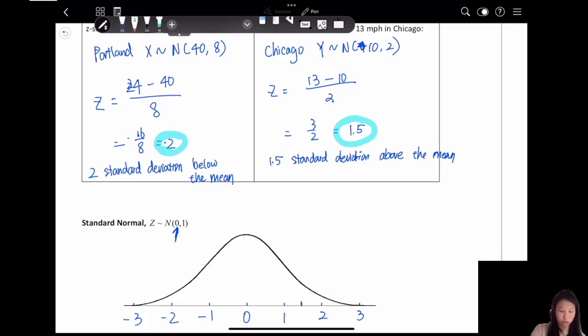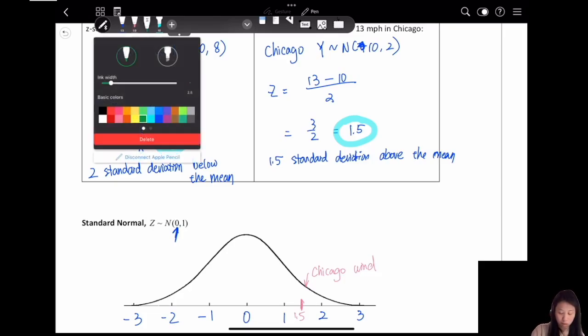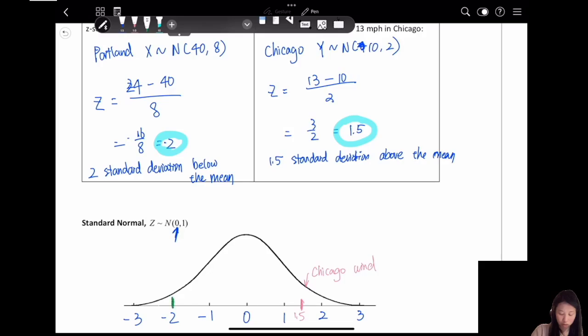Let me use a different color. This is our Chicago wind, 1.5. That's how far off it is from the center. Whereas the Portland rainfall, using this one, is -2. That's the Portland rainfall in one year.